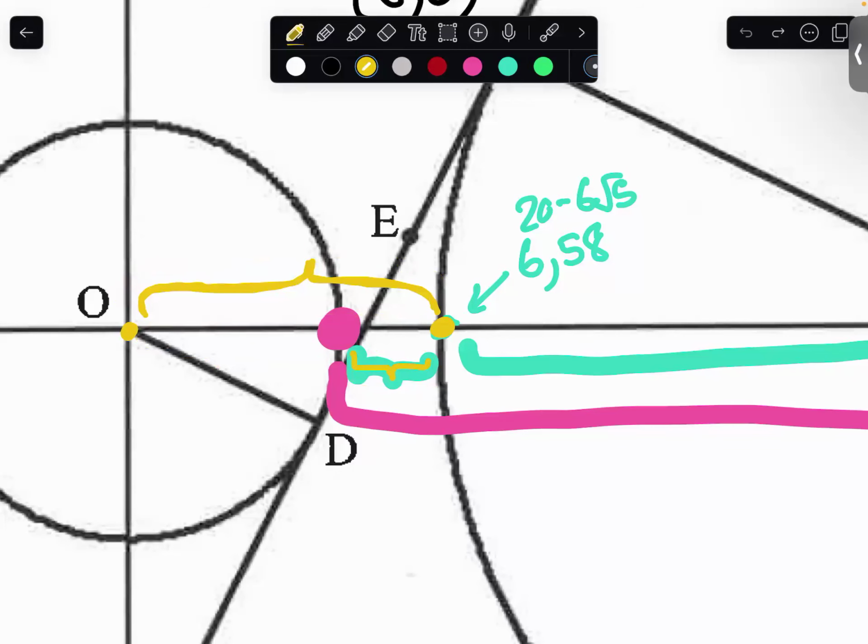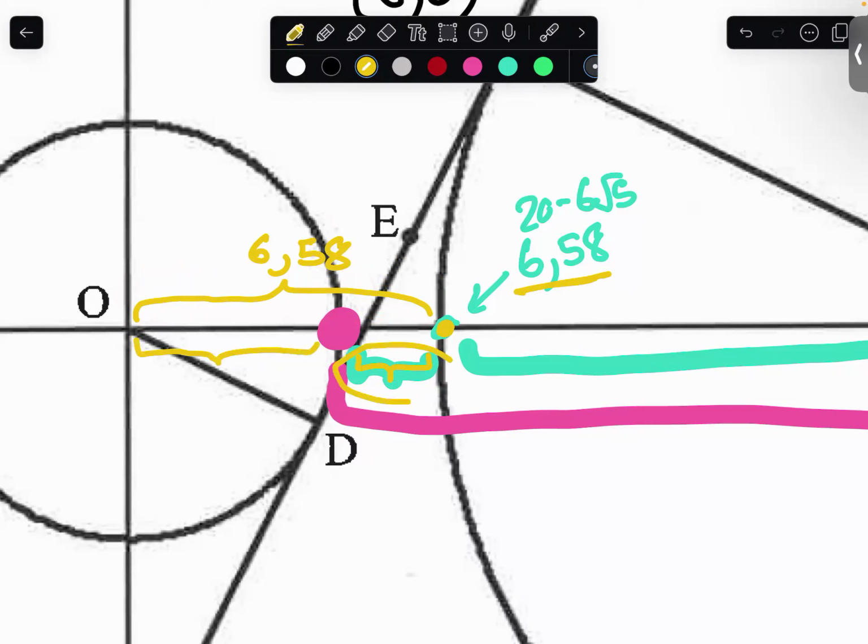So I'm going to say that again. I know that this big part from 0 to the x-intercept of the big circle, I already calculated it. It's 6.58. I want this part. I don't have it. But I can get it by saying it's 6.58, which is the whole distance, minus this small part to give me that part.